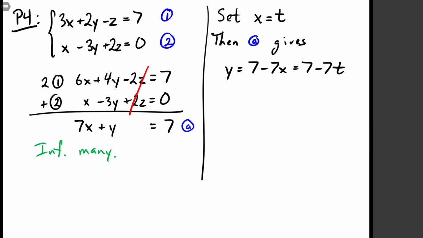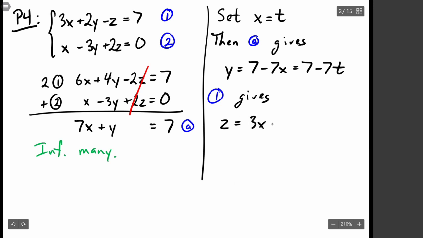How do we get z? Well, to get z, we just got to plug all this stuff back into equation 1 or 2, anywhere where we can solve for z. I would use equation 1 here since it's easier to solve for z, just like we made x the parameter because y was easy to solve for. So equation 1 gives that z, let's solve for z, is 3x plus 2y minus 7, if we just solve this for z.